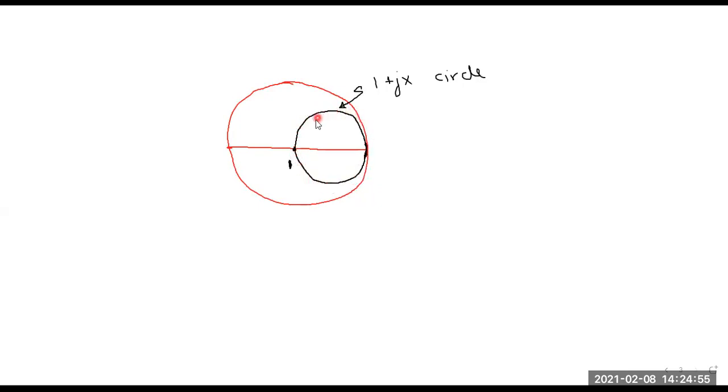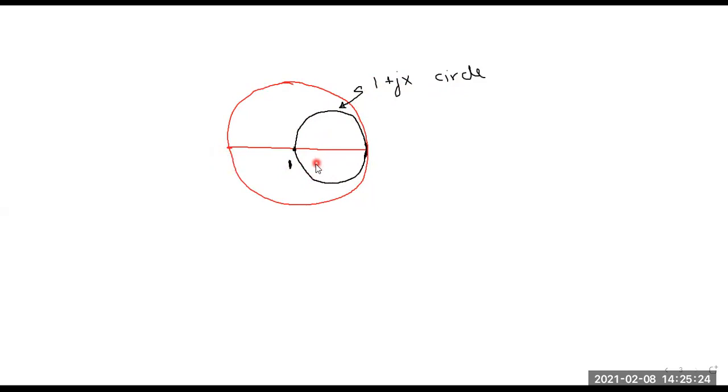If you move on this circle, r value is fixed, but x value is changing. If I am at this point, of course r is 1 and x is 0. But if you move anywhere on this circle, in this region x will be positive, and in this region the x value is negative. So x is changing, so that is why this circle is known as 1 plus jx.